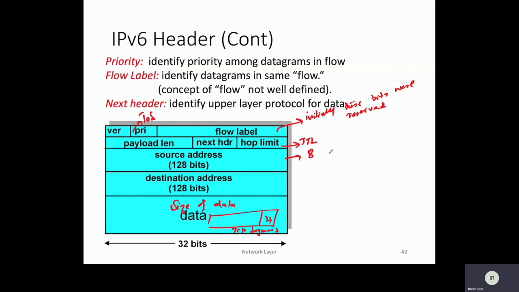is written as 8 16-bit integers separated by colons, right? So each of these 16-bit integers is represented by 4 hexadecimal digits.